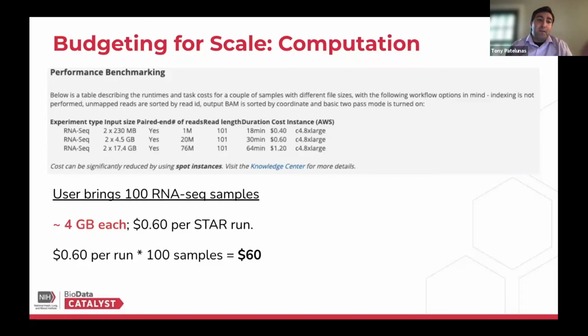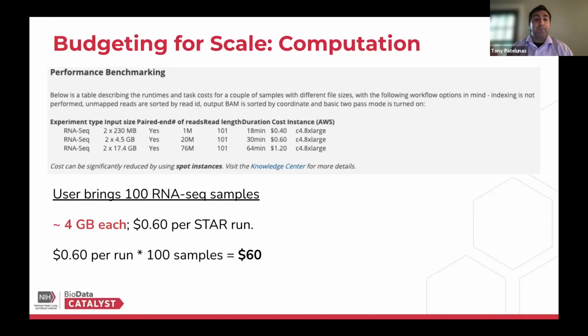And so this is the RNA-seq analysis that Dave had presented using a STAR aligner. We have the benchmarking there, and you can use that benchmarking to estimate costs, right? So if a user brings 100 RNA-seq samples, a large scale patient sample for RNA-seq, and they want to run alignment for those, we can look at the second line of the benchmarking, which is 4.5 gigabytes of paired end reads, so 2 by 4.5 gigabytes.